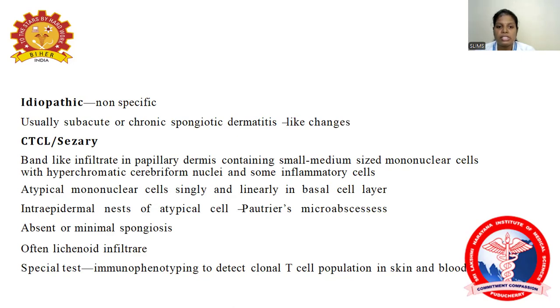Atypical mononuclear cells singly and linearly in the basal cell layer. Intraepidermal nests of atypical cells, Pautrier microabscesses, are present, with absent or minimal spongiosis, often a lichenoid infiltrate. Special tests like immunophenotyping to detect clonal T cell population in skin and blood.